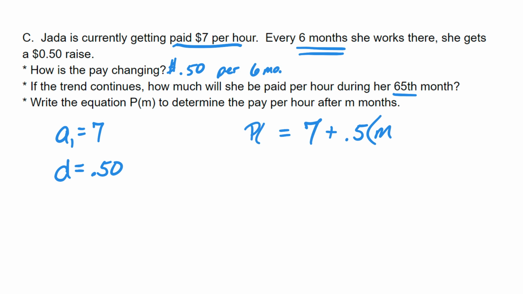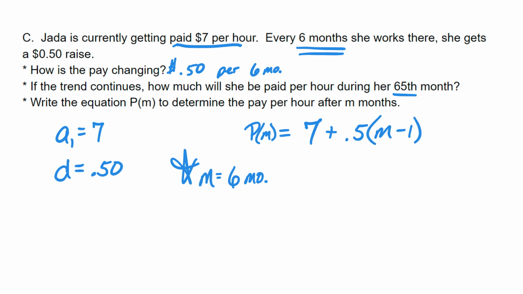I'm going to put a note to myself anytime I do these, though. She's not getting a raise the first month. That's why we have to subtract 1. I'm going to put a note to myself here and make sure I see this. M stands for 6 months.